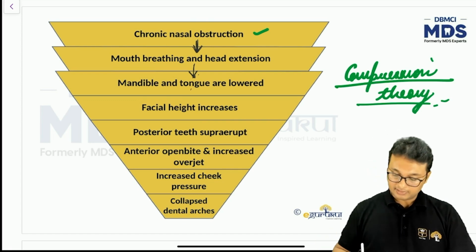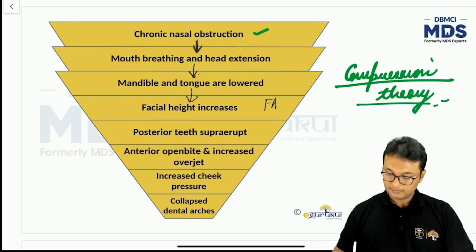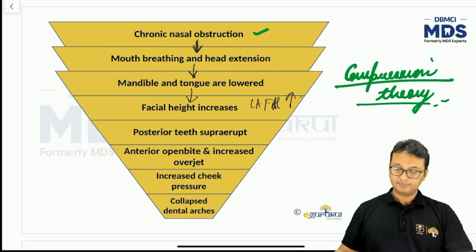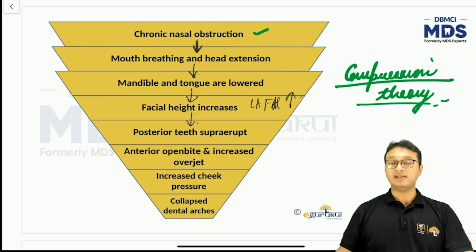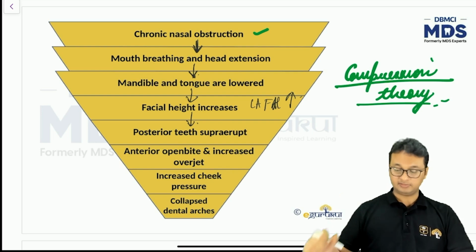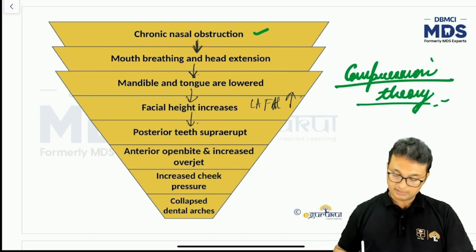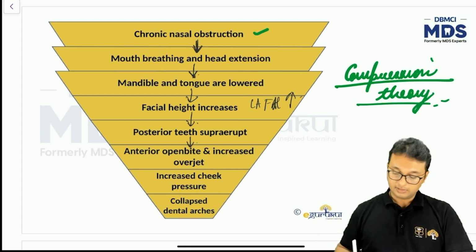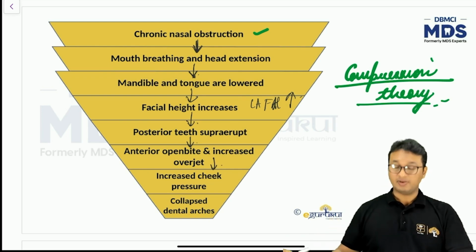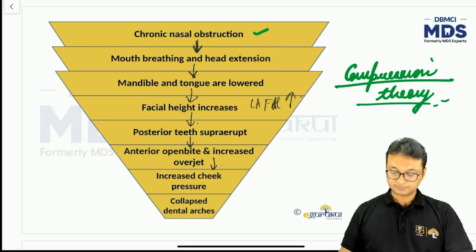Now because of that, there is an increase in the lower anterior facial height. Because of that, the posterior teeth have a tendency of supraeruption because the freeway space is increased. Because of that, there's a tendency of development of anterior open bite and increased overjet. Now, there's disturbance of buccinator mechanism, as I mentioned earlier.